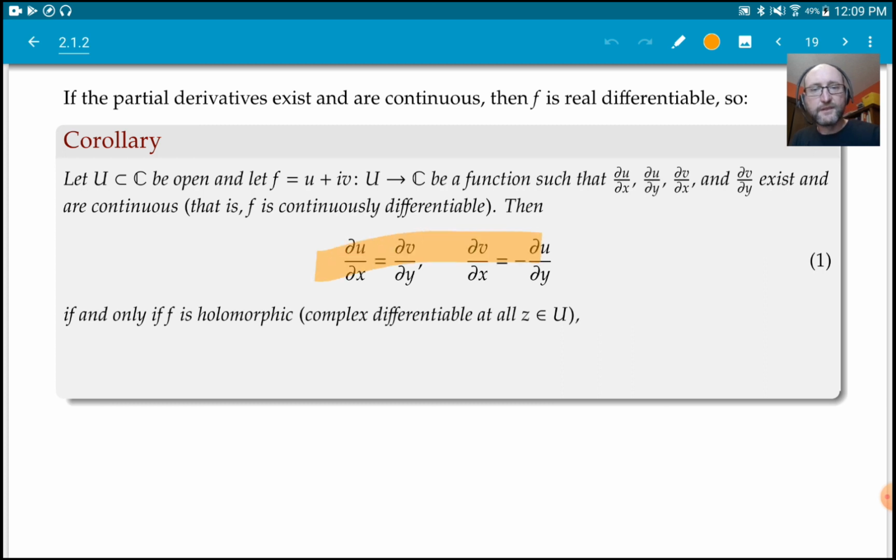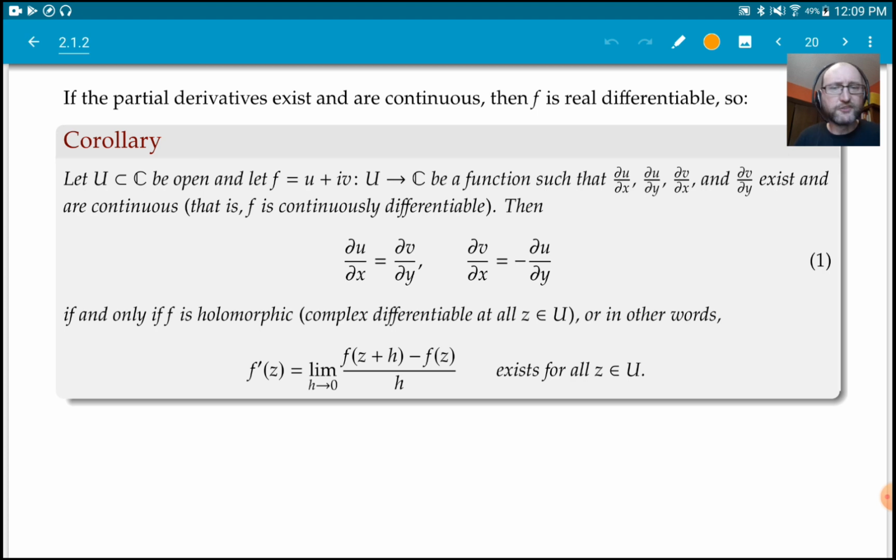then the Cauchy-Riemann equations, and by this I mean at every point, so this is satisfied in U, is equivalent to f being holomorphic, complex differentiable at all points.